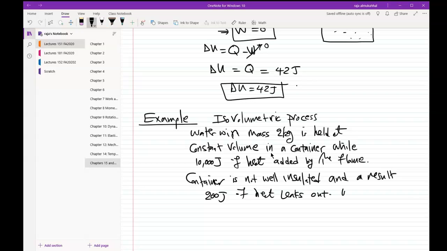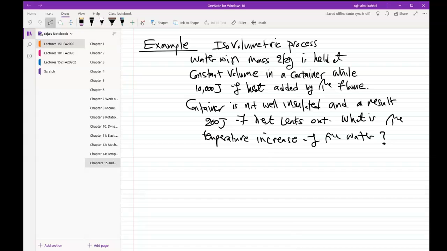The question is, what is the temperature increase of the water? I'm reading it wrong. What is the temperature increase of the water? Okay, that's what the problem is. You may want to pause the video and think about it.